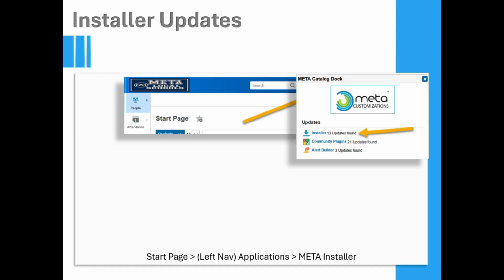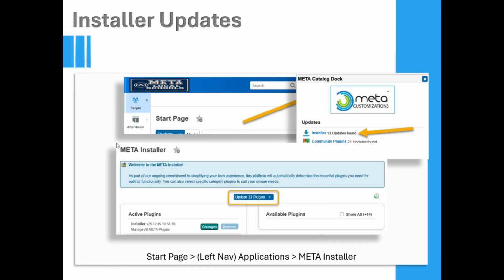It will show you that you have installer updates, and you can click on that installer, or you can go on your start page. On your left nav, you'll click on your applications, and then you'll click on the Meta installer. Once you're in the installer, it will show you at the top how many updates are available, and you will just go ahead and click on that. Then you'll be all up to date and you'll have the latest customizations and bug fixes.